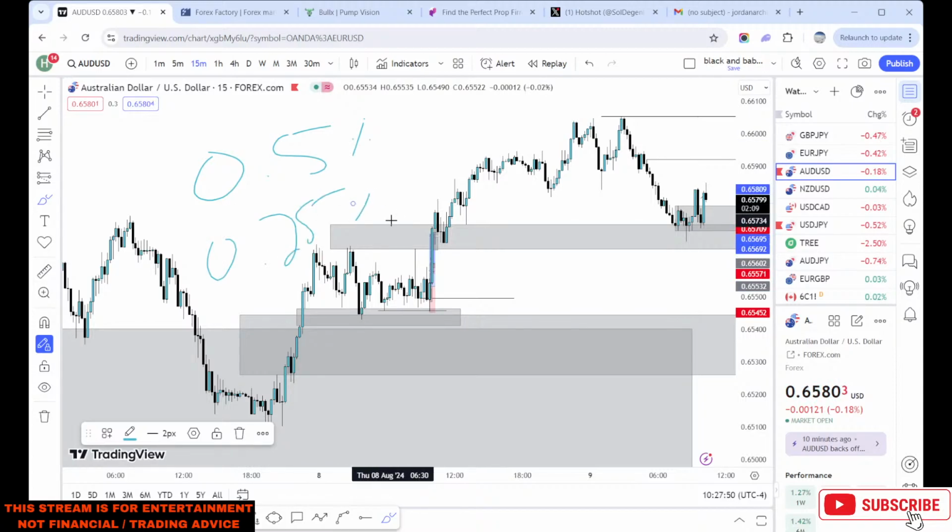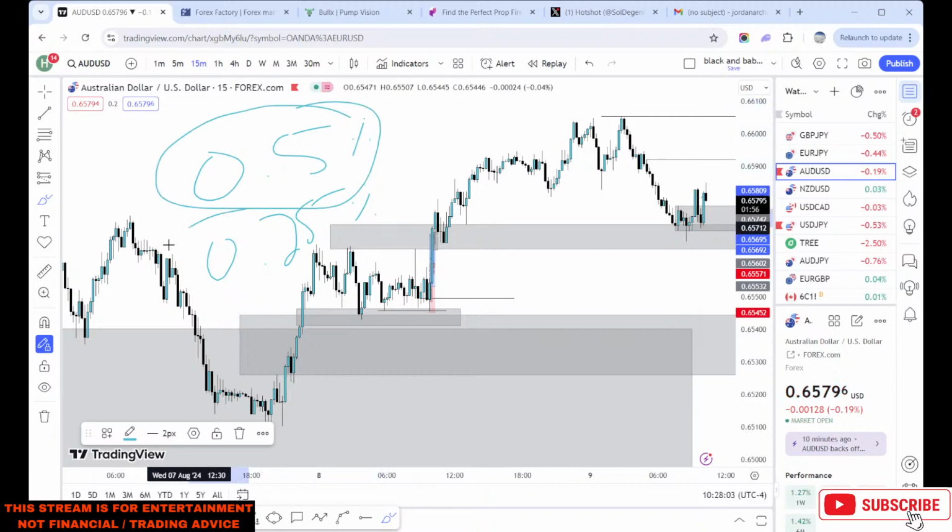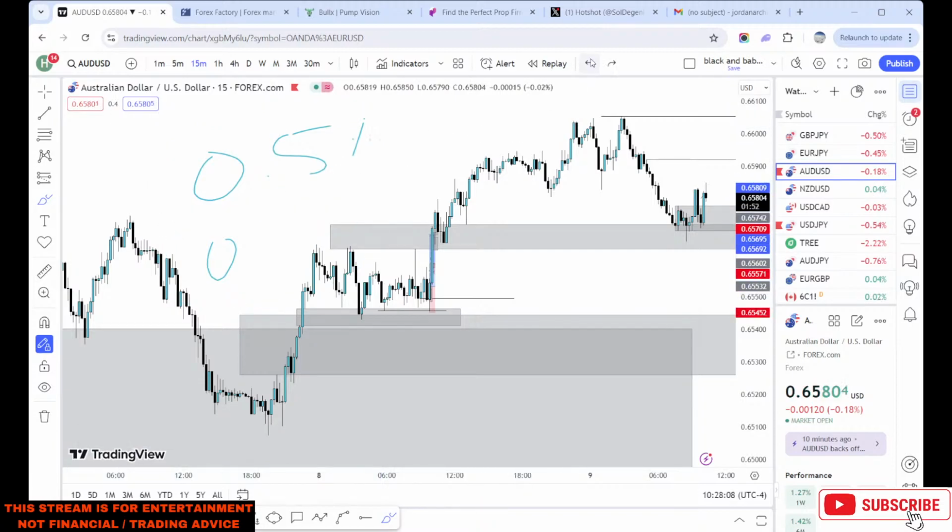Target a 1 to 2R, make your 0.5% back. Then next trade, risk 0.5 again, hit a 1 to 2, get your 1% back, then go back to 1%. It's all about making back what you initially lost. Cut your risk and try to make back your initial loss, then up your risk again.